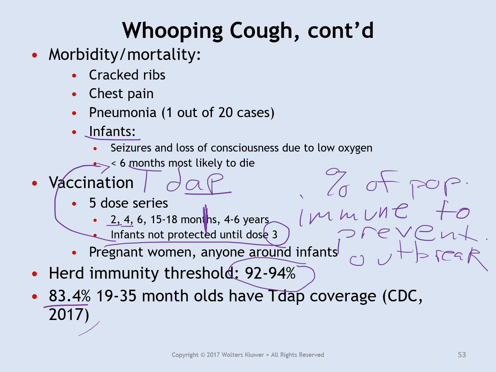So should we expect to see outbreaks of whooping cough in these 19 to 35 month olds if only 83% of them have their whooping cough vaccine? We should expect to see it, and we do see it. We do see outbreaks of whooping cough because of that low vaccination percentage, because we haven't met that herd immunity threshold yet.